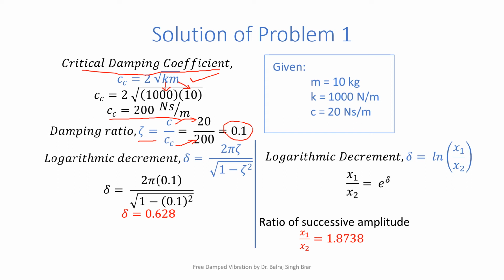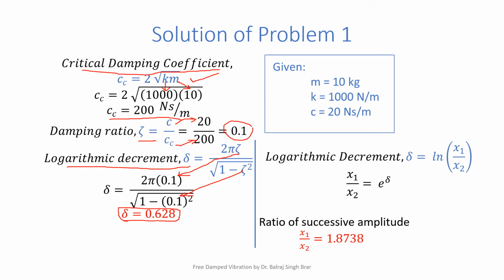So from the definition, logarithmic decrement delta is 2 pi zeta upon root of 1 minus zeta square. We put the value of zeta 0.1, simplify, and delta comes to be 0.628, which was to be calculated.